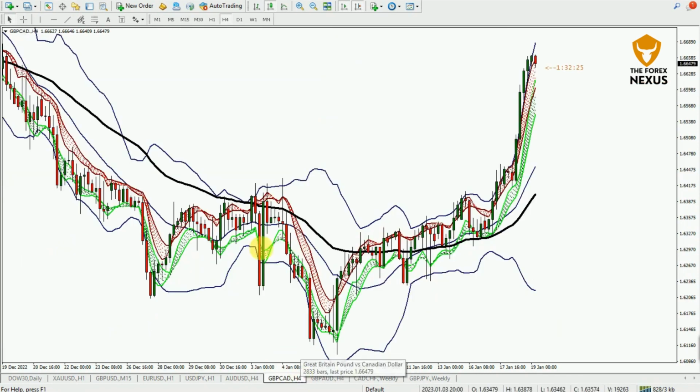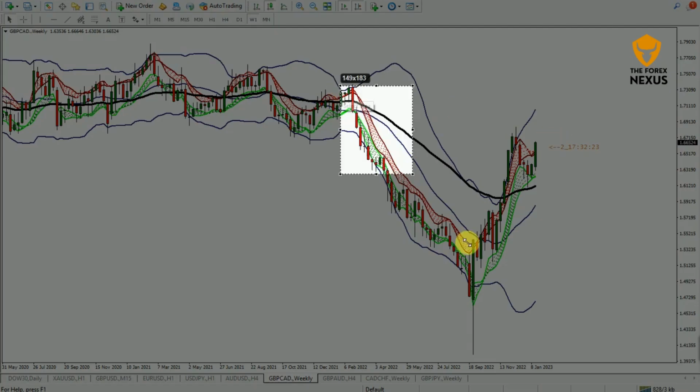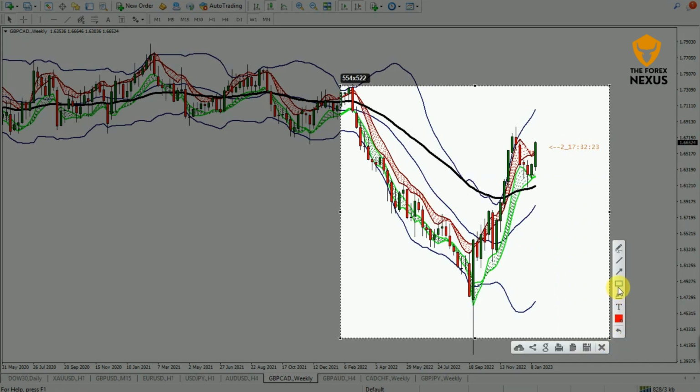GBPCAD, this was a good setup on the weekly time frame. Momentum, here we got the re-entry at MA5/10 low. How will we confirm it?